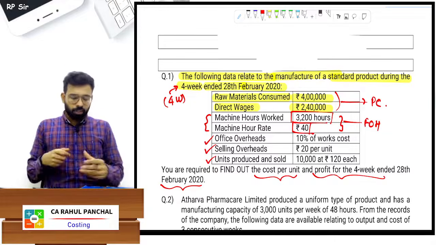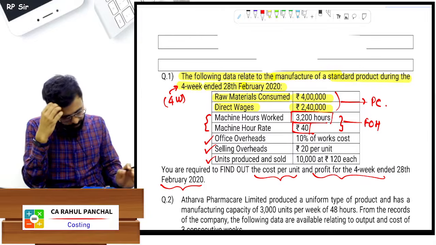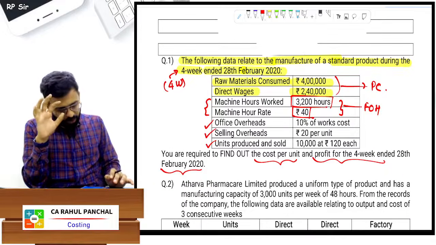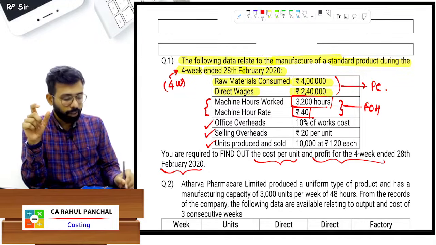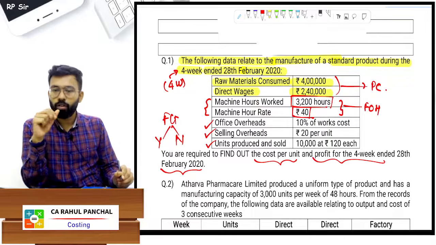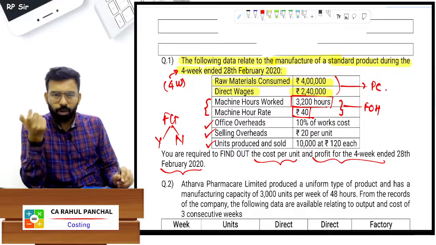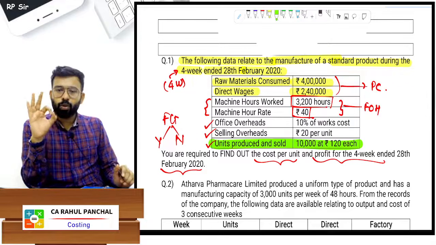Let us just finish it off. It is very much easy. First of all, we can make a units column. One thing for this question: whether opening and closing stock of finished goods will be there or not? Stock of finished goods will not be there, because there is one line in the question, units produced and sold 10,000.